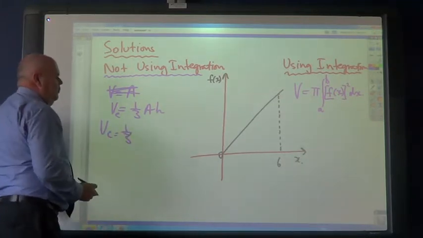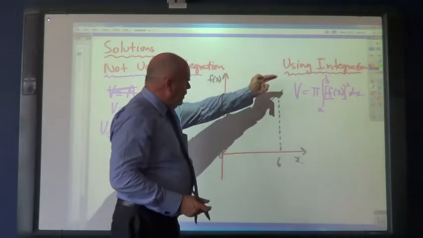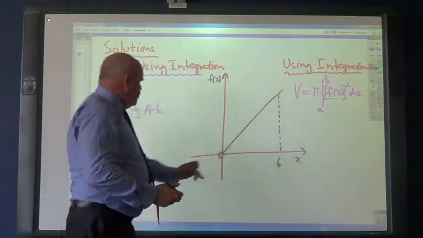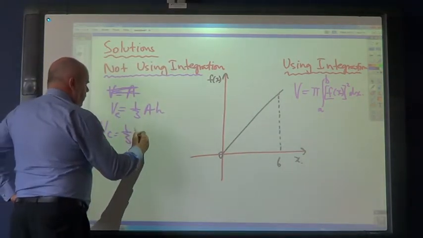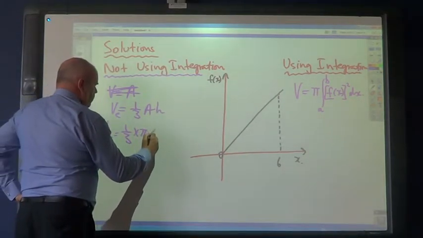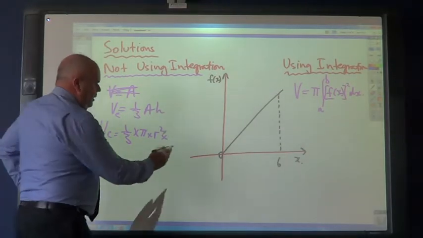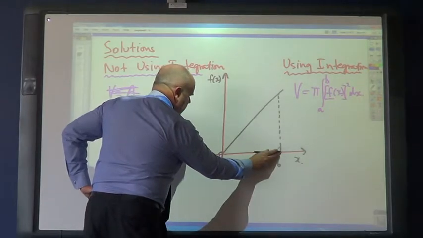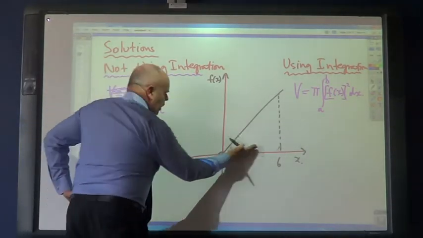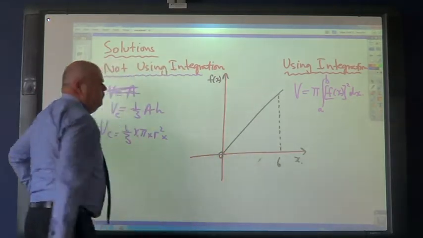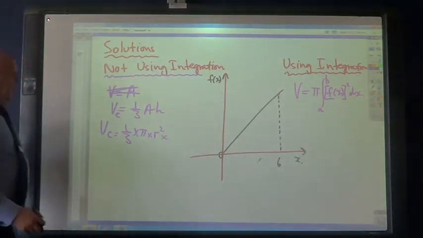So what would the area be? Well, it would be pi r squared, and r is 6 of that disc, isn't it? So pi times r squared times height, which happens to be from 0 to 6 as well, the height of the cone, from the pointy end, from the vertex, to the middle of the diameter.